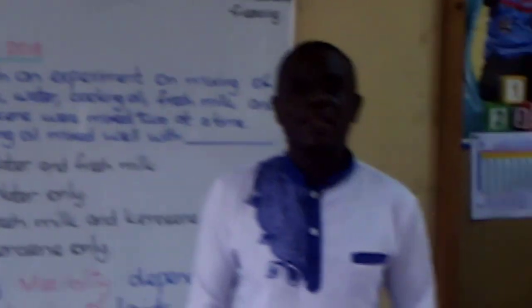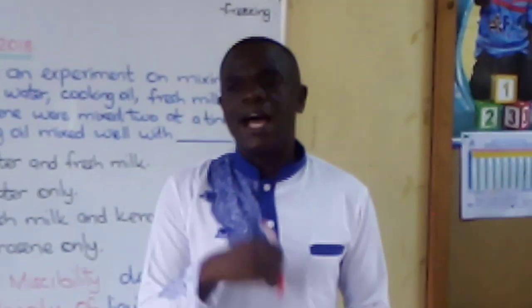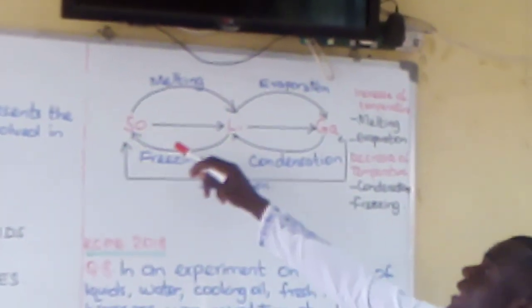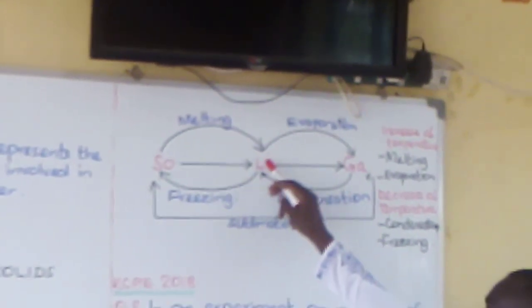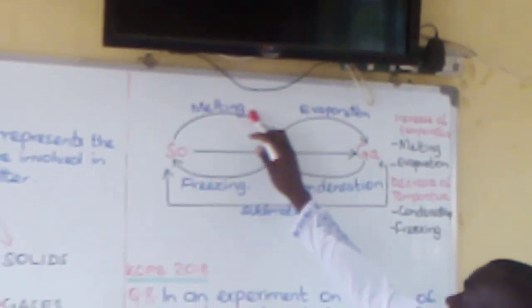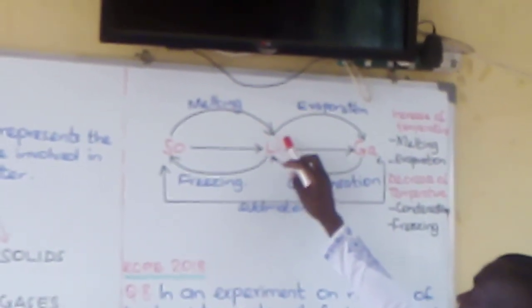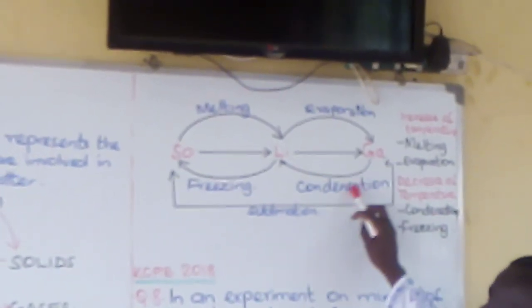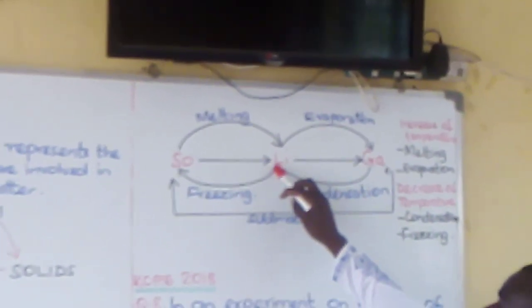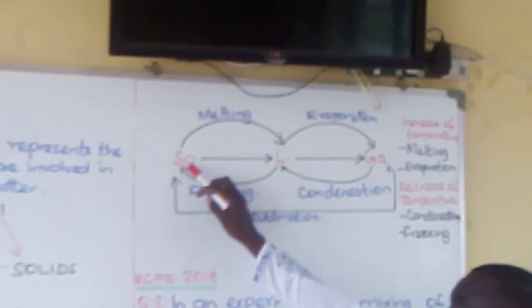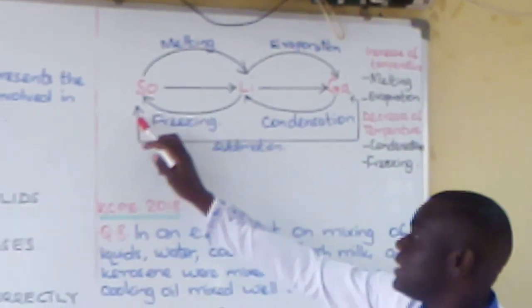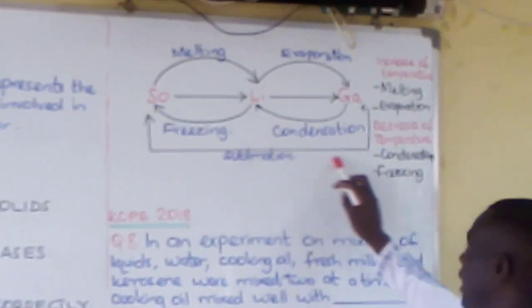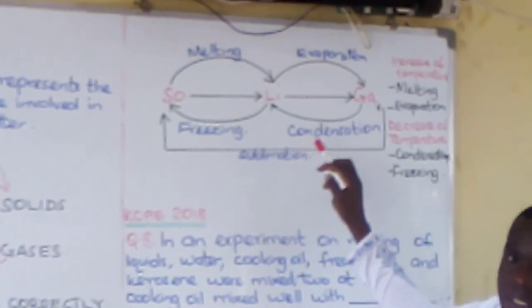Say it again. Soliga. So you write soliga that way, and you indicate by the arrows. This arrow represents melting. That arrow represents evaporation. This arrow represents condensation. And this arrow represents freezing. And then there's another large arrow here that represents sublimation.